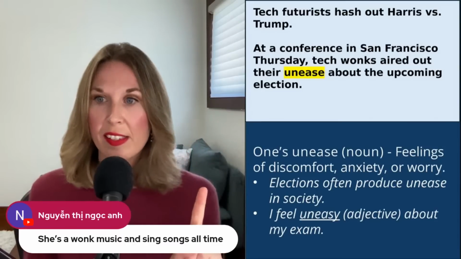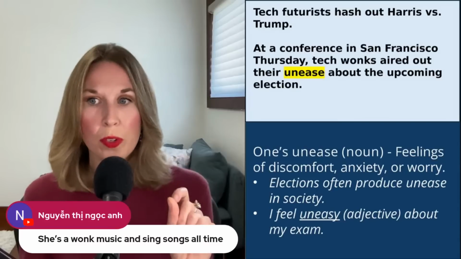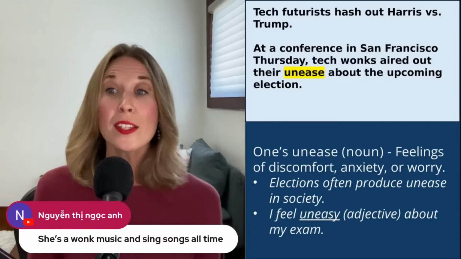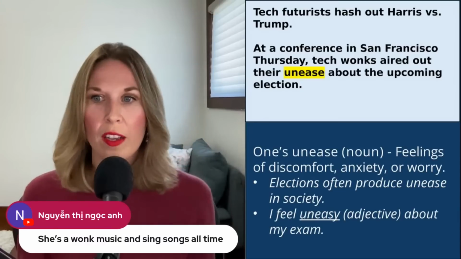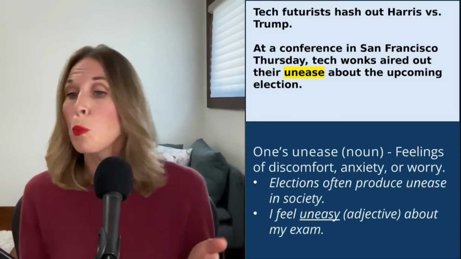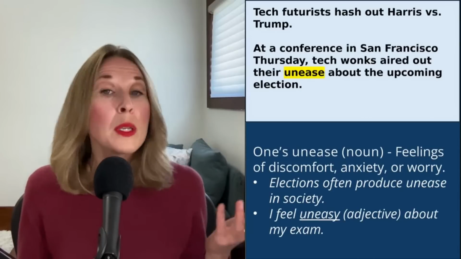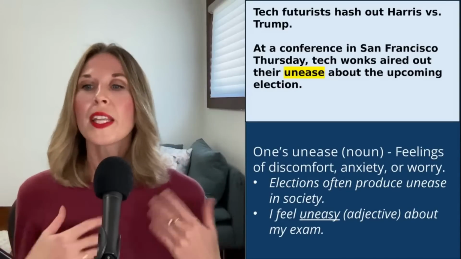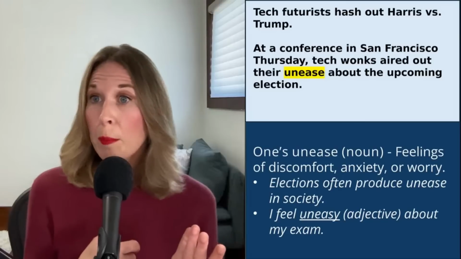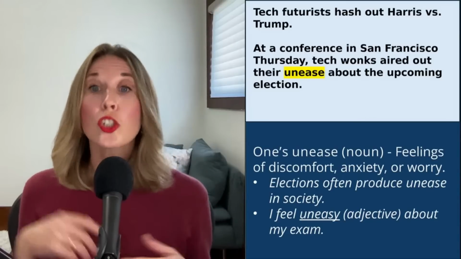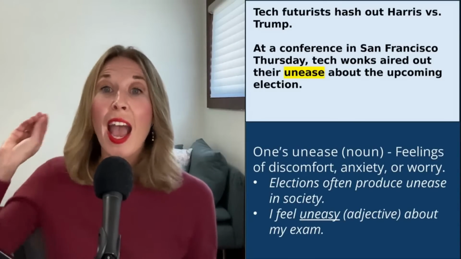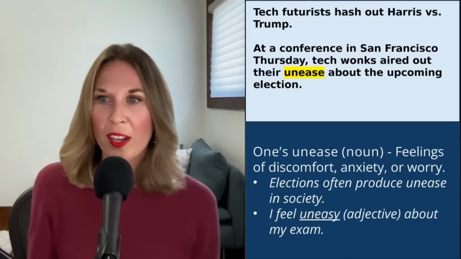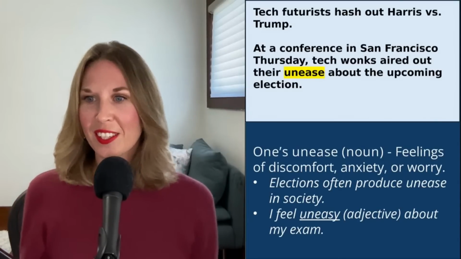She sings, because she is third person singular, you need to add that S. But excellent example. She's a music wonk. The average person listens to 30 minutes of music per day. I made that up, I have no idea if that is true. But let's say the average person listens to 30 minutes of music per day. She listens to 5 hours of music per day. She's a music wonk. All right.